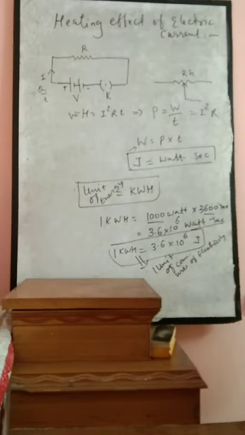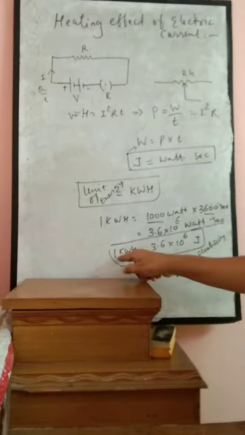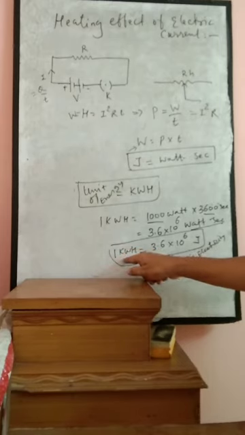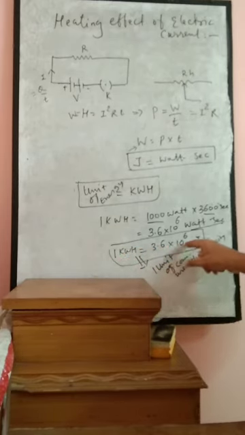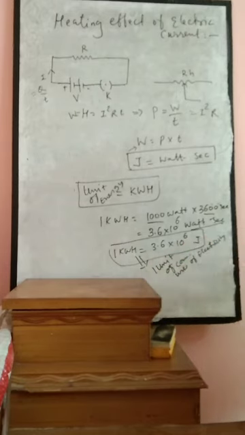That bill tells you how many units have been consumed by your household appliances. Suppose you consider 10 units: 10 units means 3.6 into 10 to the power 6 into 10, that is 3.6 into 10 to the power 7 joule of energy consumed by your household items. So 1 kWh is also called 1 unit of electricity.